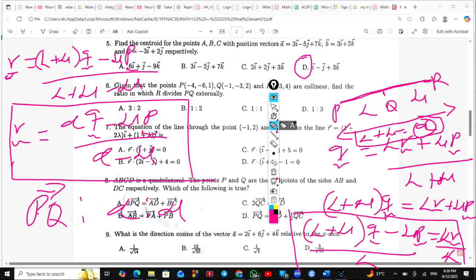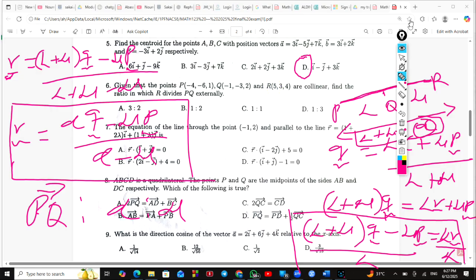So as we can see, R divides PQ in the ratio alpha is to mu. Okay, so that's exactly what we are coming to do here. You can just choose any of the points. Here we have P, and we have Q, we have R.